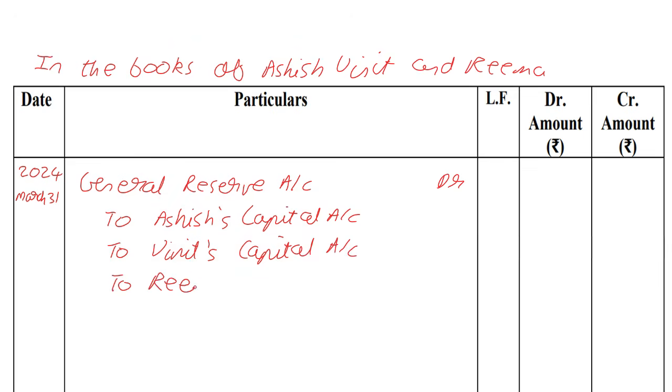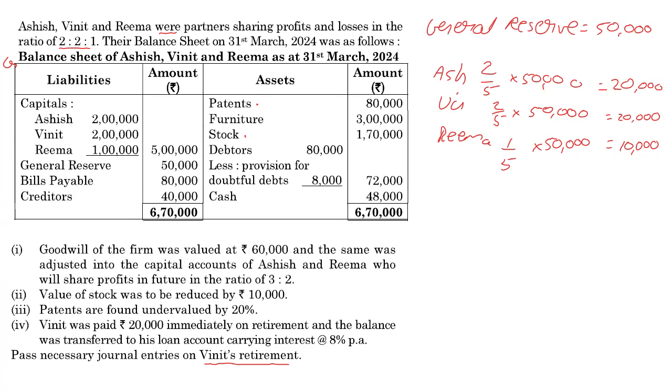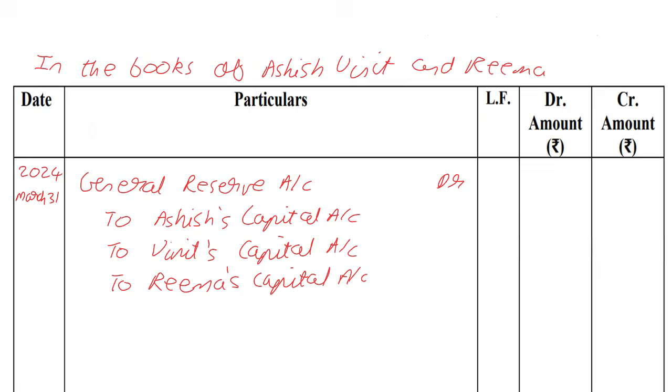We give it to all the partners. Okay, and I'm going back to have a look at the numbers 20, 20, and 10. Okay, 20,000, 20,000, and 10,000. We know that the original general reserve is 50,000.